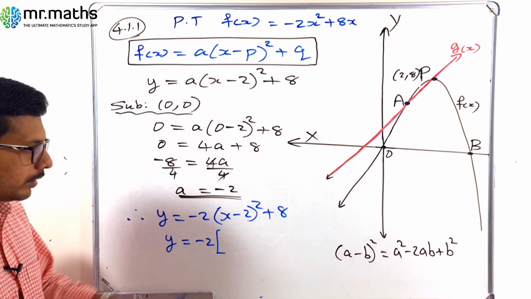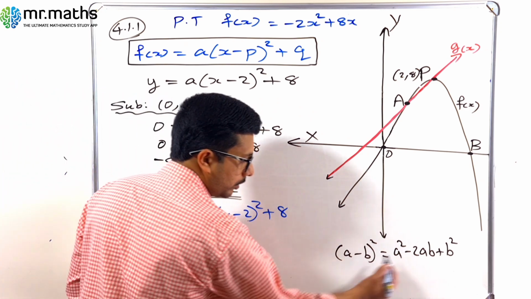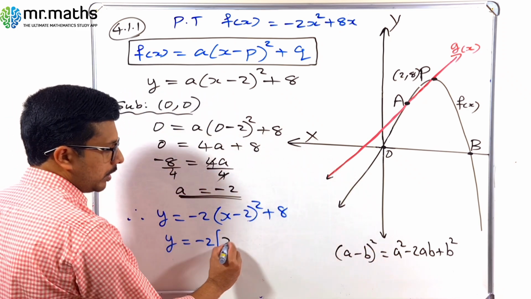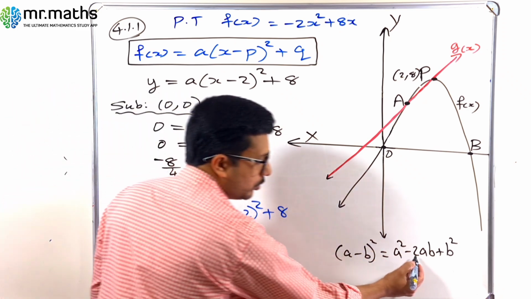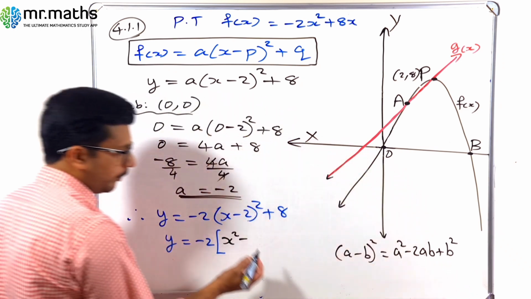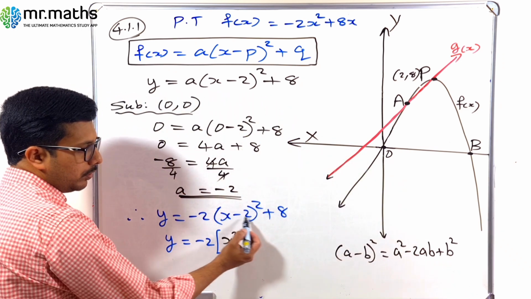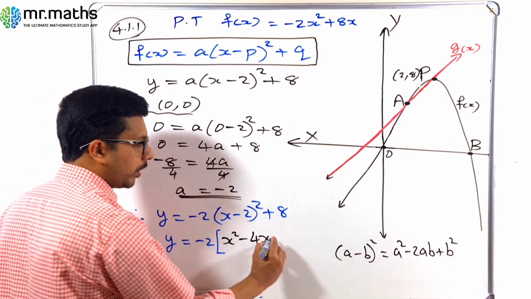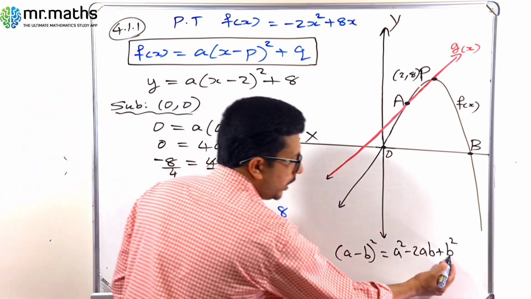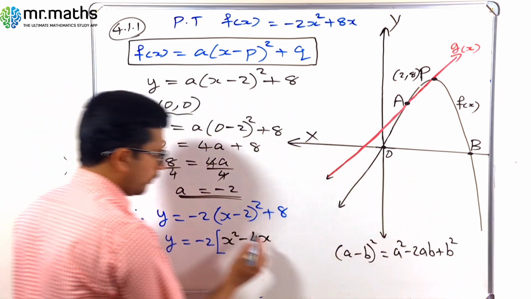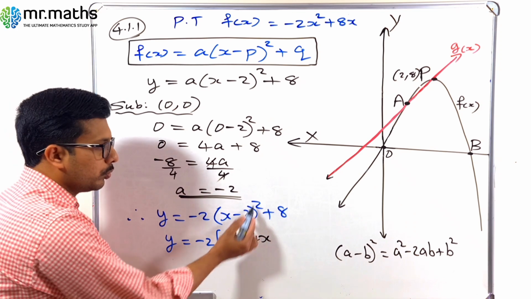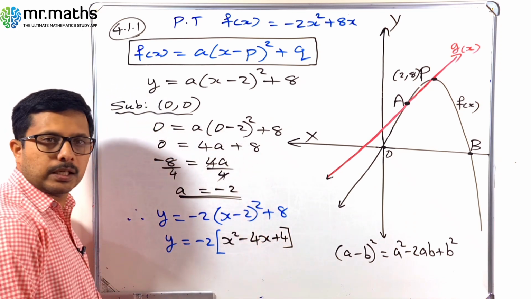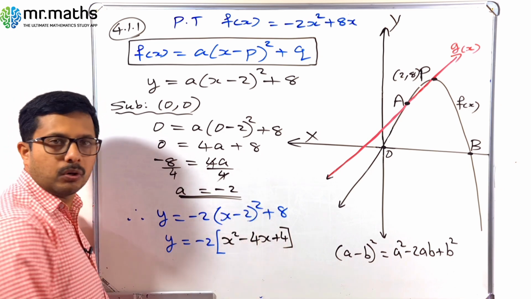Okay, so like that, a square, first term square, here the first term is x, so it is x square minus 2 into first term into second term, 2 into x into 2, 2 into 2 is 4 into x, 4x. Okay, then b square, second term square, what is the second term here? 2 square, 2 square is 4, so that is expansion of x minus 2 the whole square.